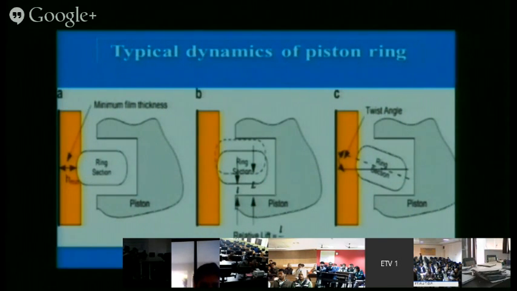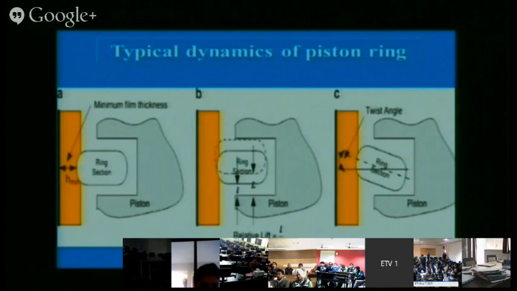So this is one loading, and another loading is there when the reciprocating motion is taking place, point B, where there is a relative motion of the piston ring inside the slot itself, that groove which is given on the piston itself.